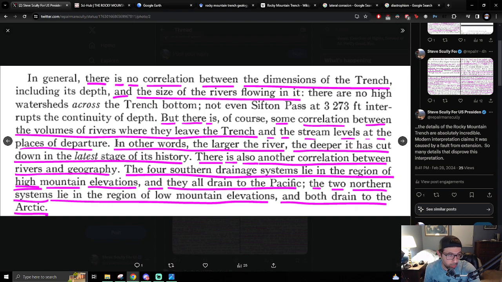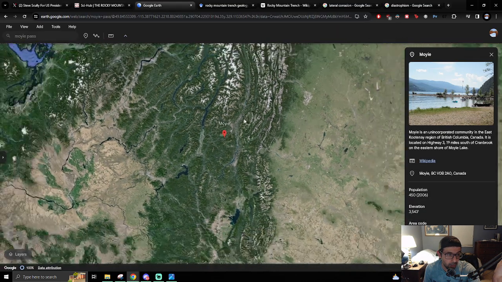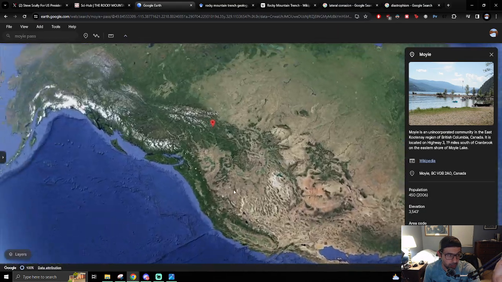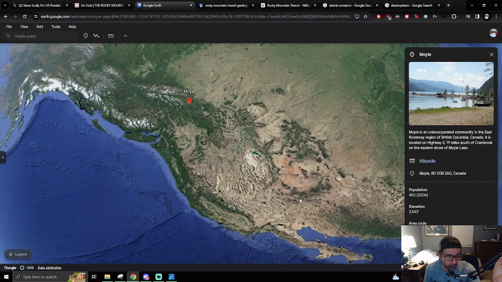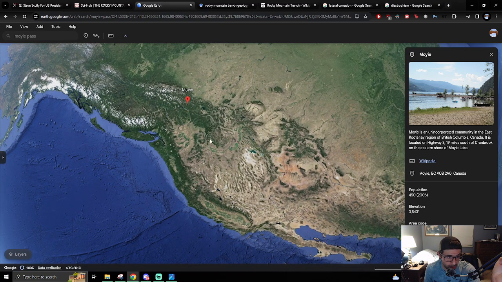There's also another correlation between rivers and geography. The 4 southern drainage systems lie in the region of the high mountain elevations, and they all drain to the Pacific. I'm not sure where he's referring to, but generally, as we're approaching here, this current's coming this way.